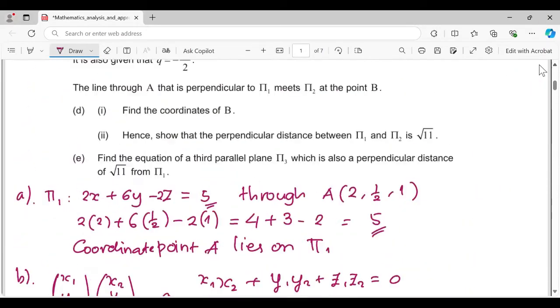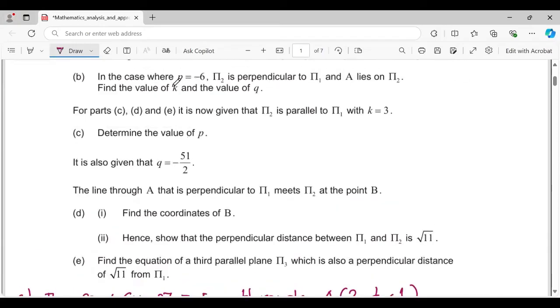And the next, for part c, it is now given that plane pi 2 is parallel to plane pi 1, with k equals 3.